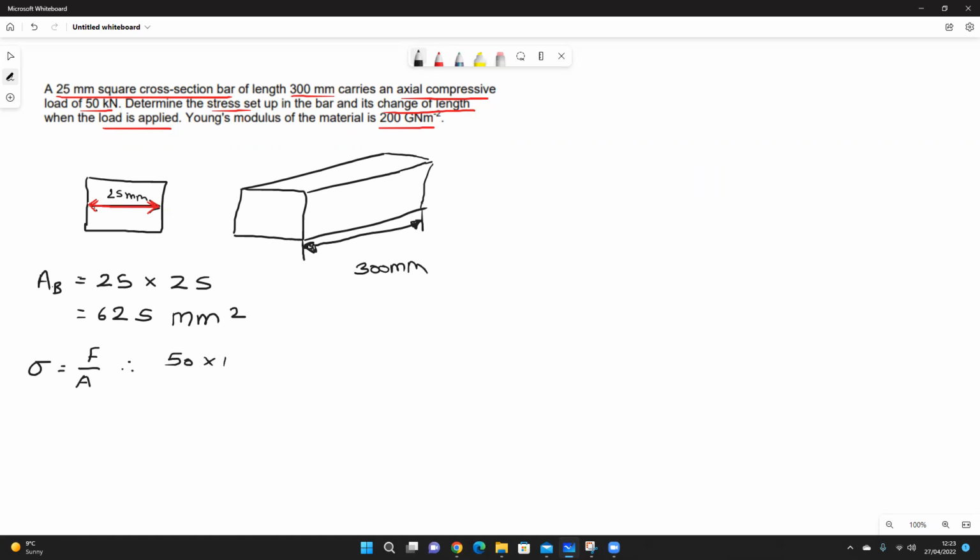50 times 10 to the 3. The area would be the cross-sectional area of the beam, which we calculated earlier, which would be 625. The units are newtons per millimeter squared, or megapascals, whatever you prefer.